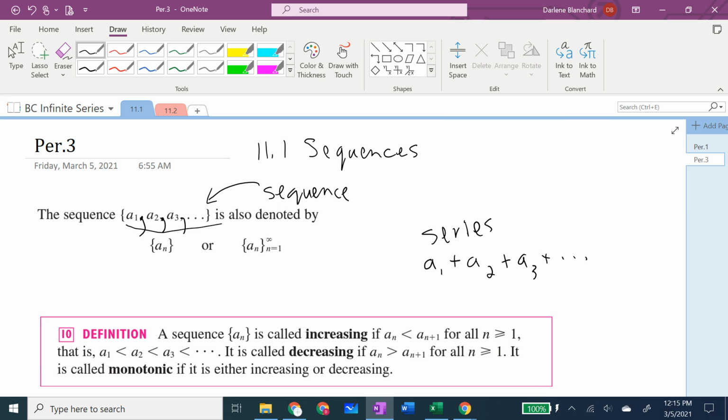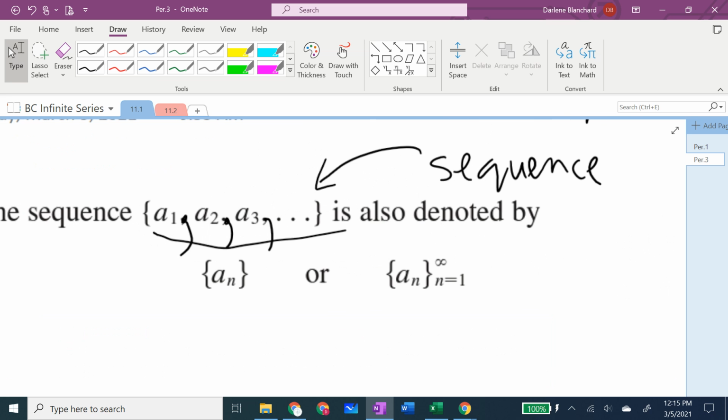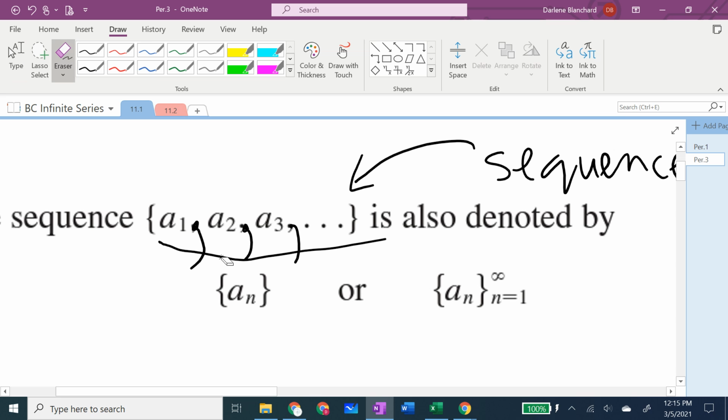Now, you need to know notation. If you see brackets, that's referring to a sequence.